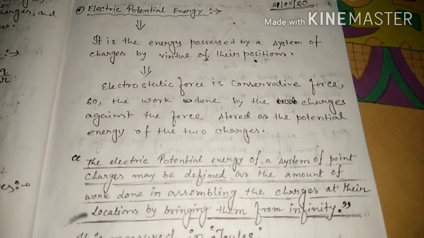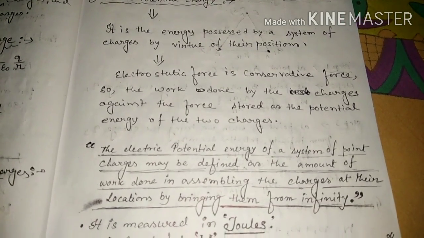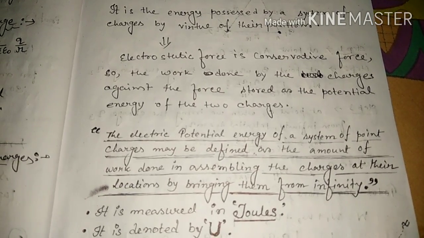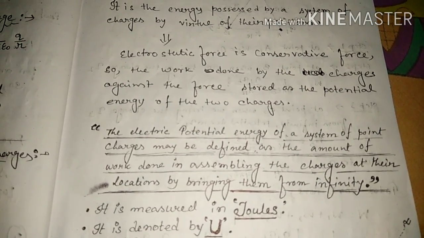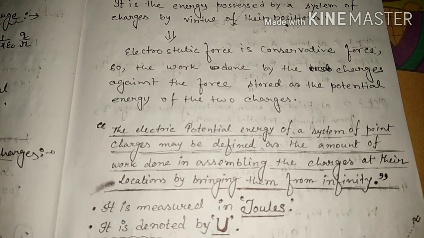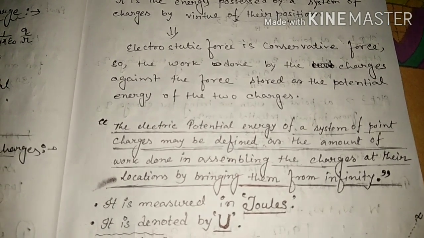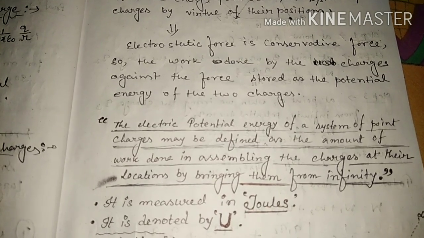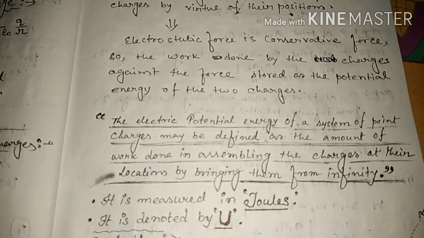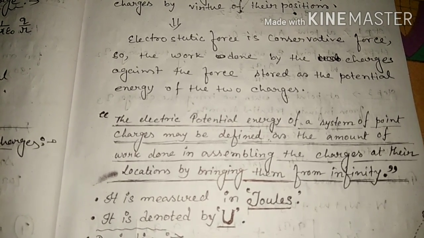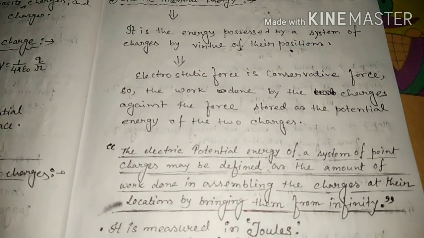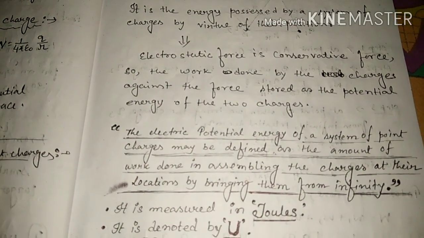Okay, so how do we define electric potential energy? The electric potential energy of a system of point charges may be defined as the amount of work done in assembling the charges at their locations by bringing them from infinity. So whatever work has to be done to bring the point charges from infinity to their locations is stored as potential energy inside the charge bodies.